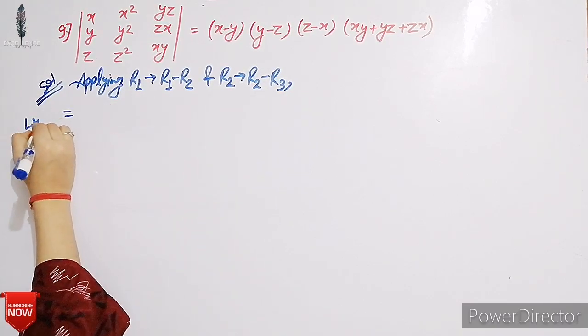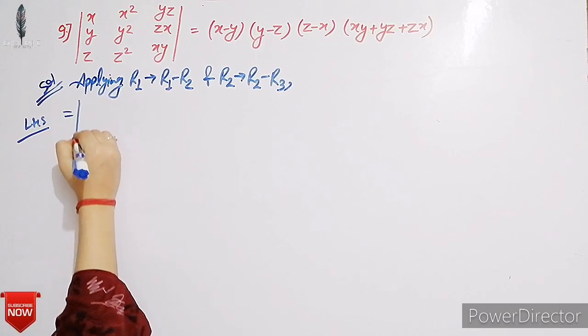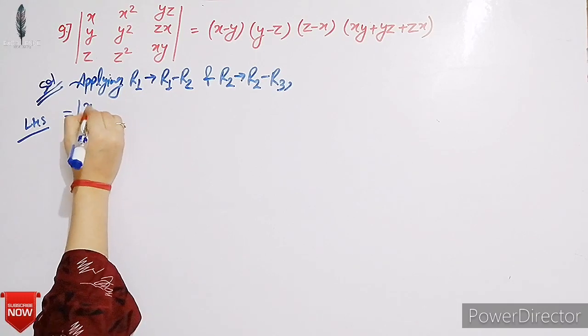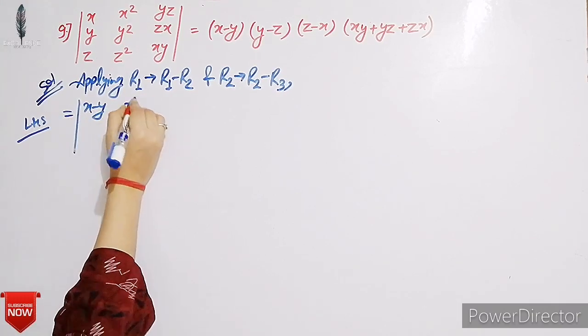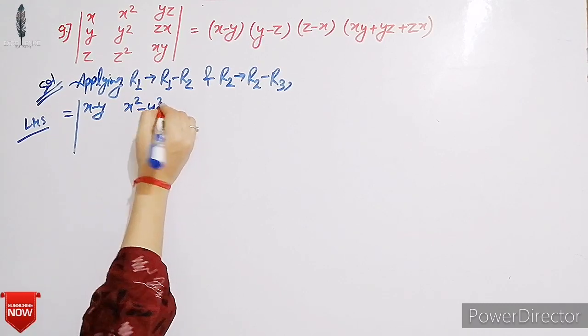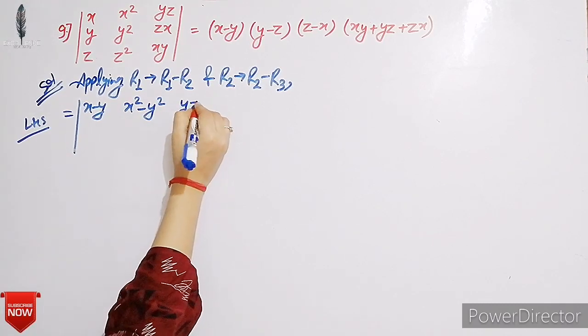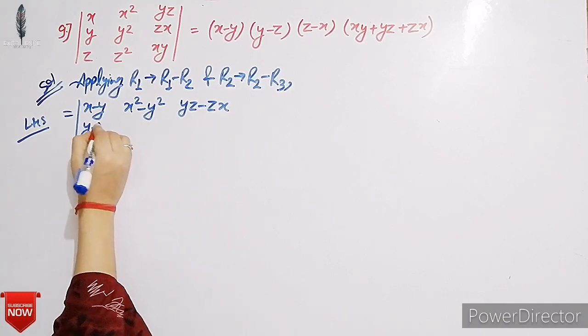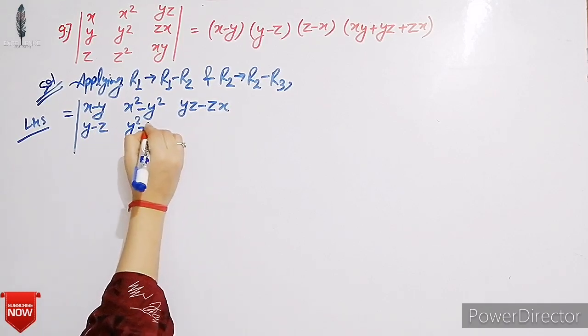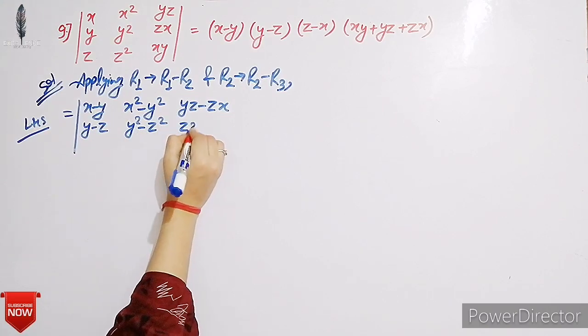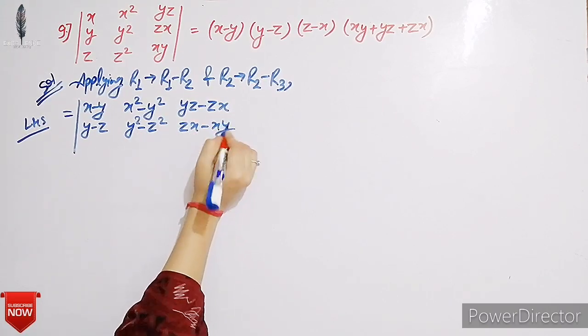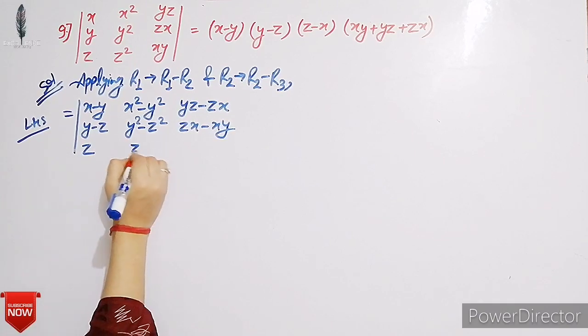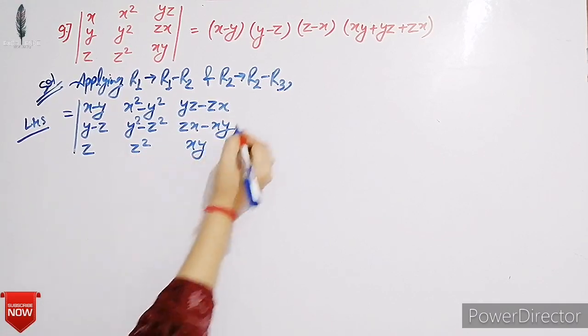Then we get R1 is x minus y, x square minus y square, and here yz minus zx. R2 is y minus z, y square minus z square, and zx minus xy. R3 is same z, z square, xy.